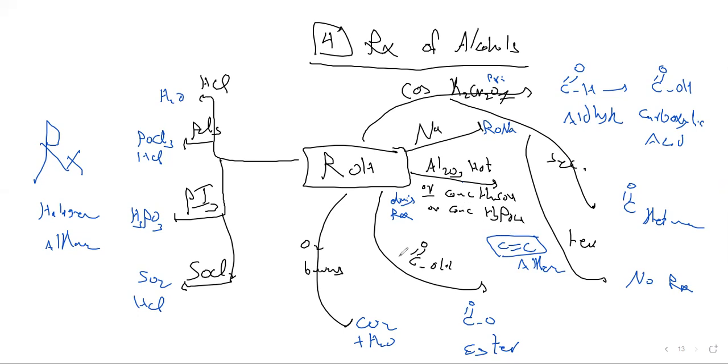And then reacting with acid to form ester, and burning or combustion to produce carbon dioxide and water like alkane and alkene. And you will find that all these reactions of alcohols depend on primary, secondary, or tertiary for the oxidation.